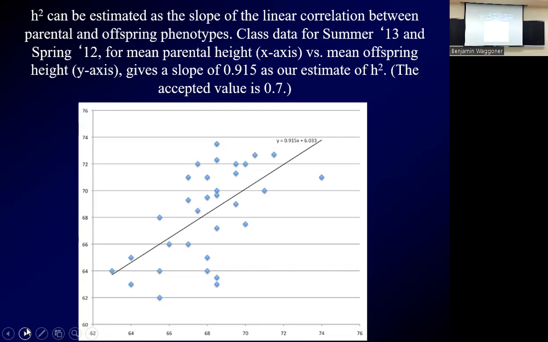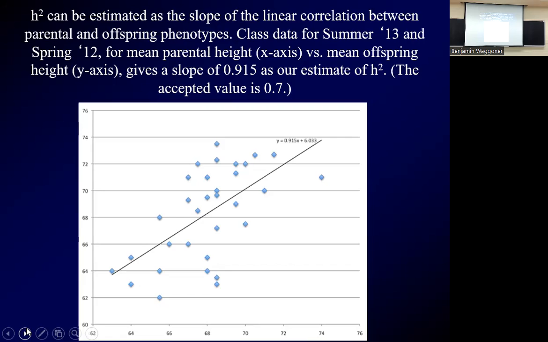so that was my data for the summer of 13 and the spring of 12. And I did what I just showed you and graphed mean parental height on the x-axis versus mean offspring height on the y. And you can see there's a pretty good positive correlation. And the slope of that line happens to be 0.915. Now, the accepted value is 0.7. When you do this in typical human populations, you get about 0.7.